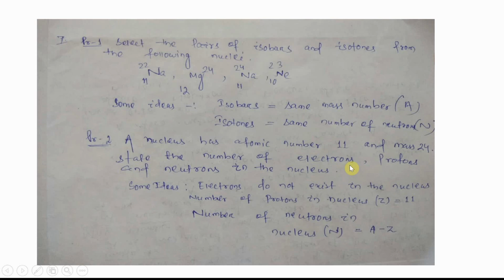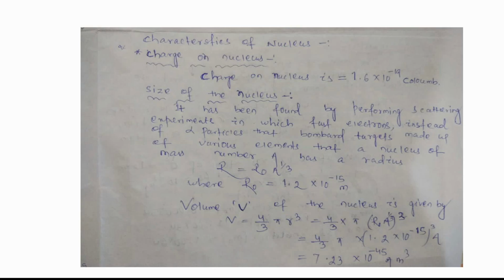The number of protons is the atomic number, Z equal to 11, and the number of neutrons you will calculate on your own, that is N equal to A minus Z. I think everyone can solve it. If you cannot solve it, then ask me, I will solve it. It is a very easy question that I have already discussed in the examples.